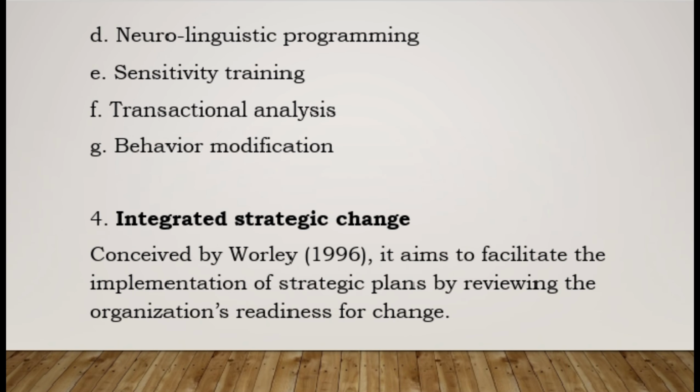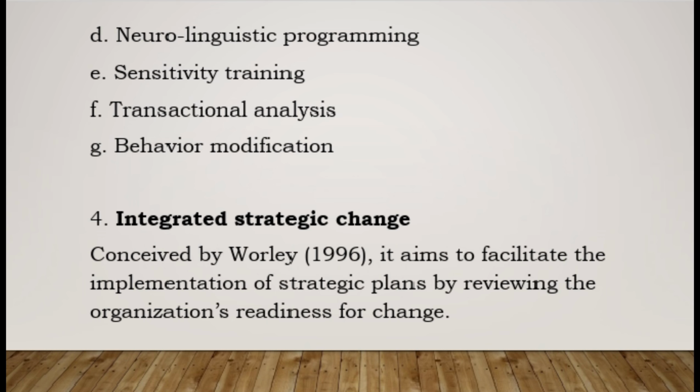D. Neuro-linguistic programming, or NLP, helps individuals program their responses and develop unconscious strategies for interacting with others. E. Sensitivity training. It aims to increase awareness and sensitivity towards others while enhancing diagnostic and action skills.